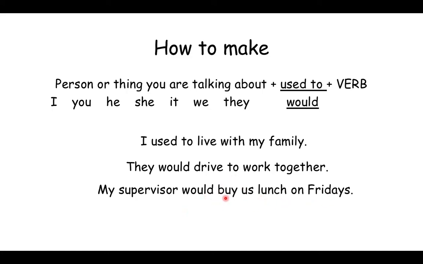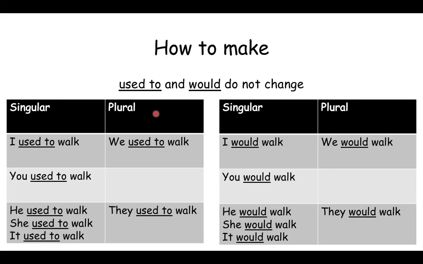So buy is the verb, but would is telling us that it's past. It's past tense, and we used my supervisor, which could be he, she, or they, if we don't know if they are a girl or a boy, or if they like to be called a girl or a boy. So, this is more ways on how you make it and use it in a sentence.